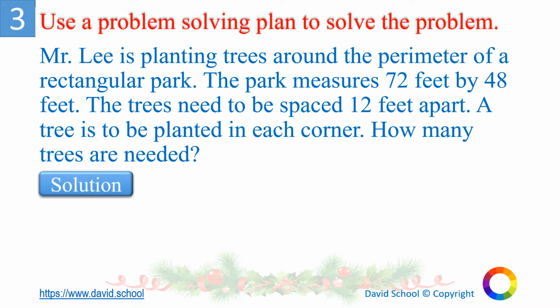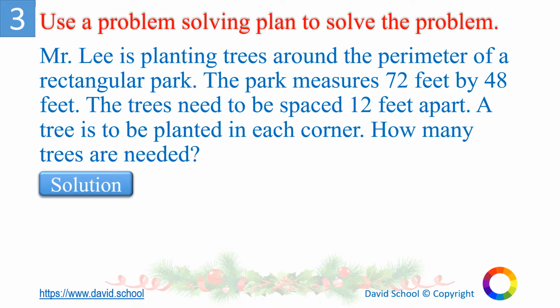In this question, the measures of the park are given, 72 feet and 48 feet, and also given, the trees need to be spaced 12 feet apart. The question is, how many trees are needed?